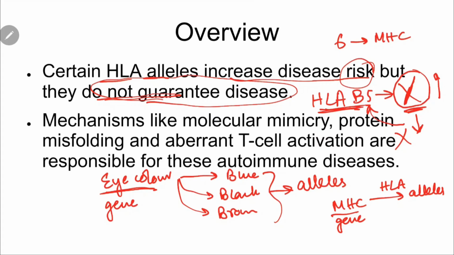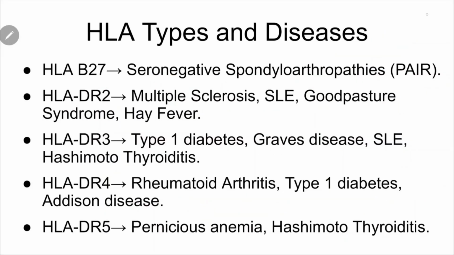So these disease associations may occur due to mechanisms such as molecular mimicry, protein misfolding, and aberrant T cell activation. But for now, the most important thing to remember is the associations themselves. Okay, on this slide, there are numerous diseases, and let me just tell you that each of these diseases is very, very, very high yield, and you have to know them from head to toe.